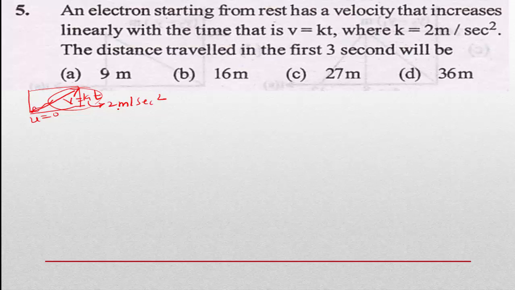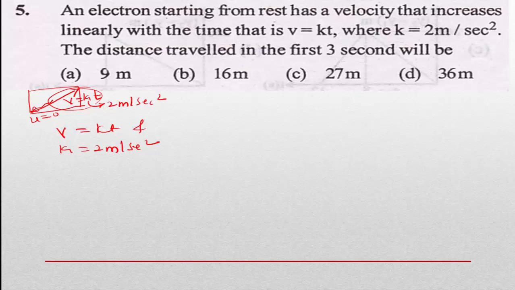That is one formula. But using calculus here, the given values are v equal to k into t and k equal to 2 meter per second square. How to calculate the total distance in the first 3 seconds without any other value?